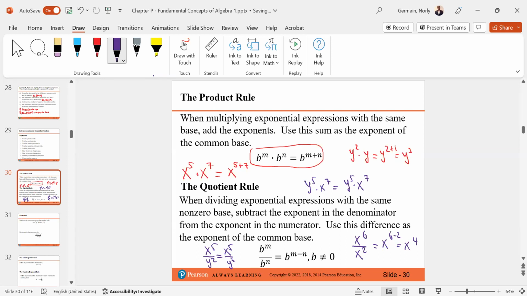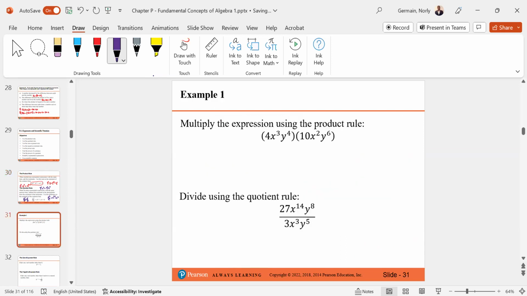I'm hoping you got this one correct because we're gonna do some multiplication first. Let's look at these examples for multiplication. If you have 3 power 4 times 3 power 2, right?